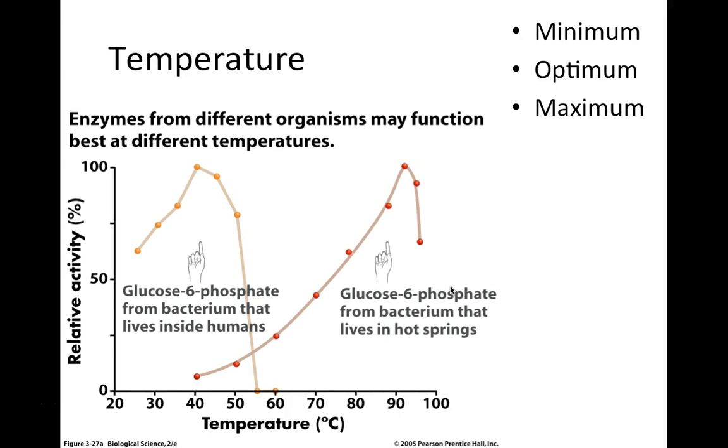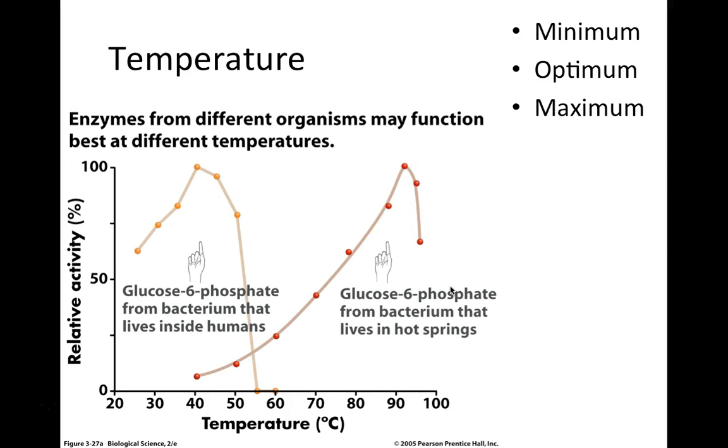If we take a look at the effect of temperature on protein structure and function, here we have an example of two proteins in the form of biological catalysts that we call enzymes. We have glucose 6-phosphate enzyme from a bacterium that lives inside of a human being, and we also have glucose 6-phosphate enzymes from bacteria that live in a hot spring.